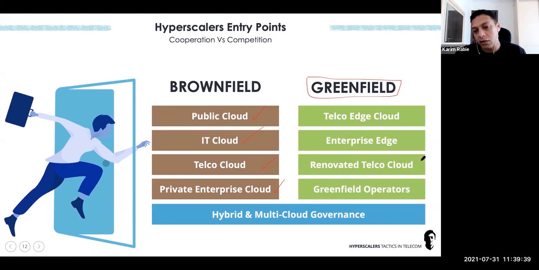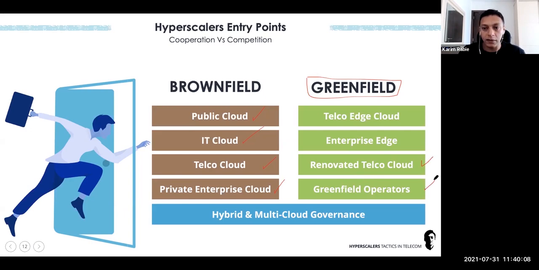The renovated telco clouds host microservice containers, and that's where the hyperscalers are focusing, to give you the environment and the platform as a service to host your 5G applications. For sure, the most suitable coupling is with greenfield operators, like the case of Dish in the US.